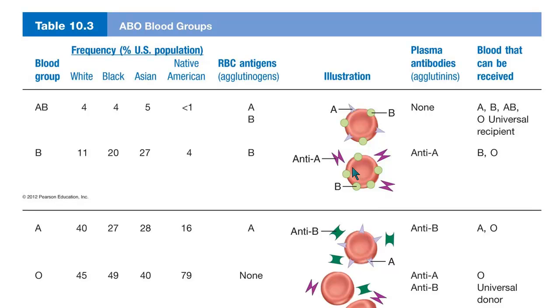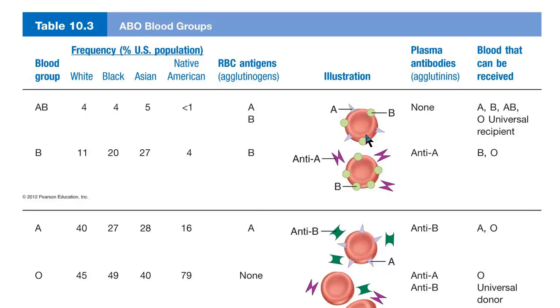So B blood type has B antigen on the red blood cells, A blood type has A antigen on the red blood cells, and if you're blood type AB, you have both A and B antigens on your red blood cells. So this is in the solid part of our blood, the red blood cells, and there's these special markers on the surface. If these developed when our red blood cells developed as a newborn, then in the plasma we're not going to find antibodies to these antigens, because antibodies are things that fight foreign antigen.